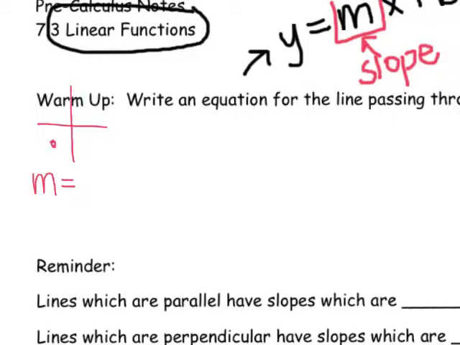If you have this dot and this dot, your rise is the change in y, and your run is the change in the x's. So the formula is y2 minus y1, that's how you change your y's, over the change in your x's, x2 minus x1.